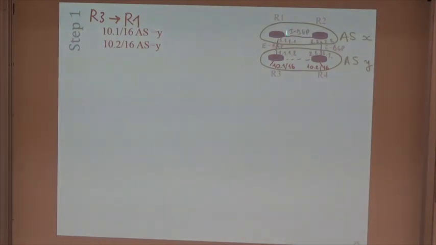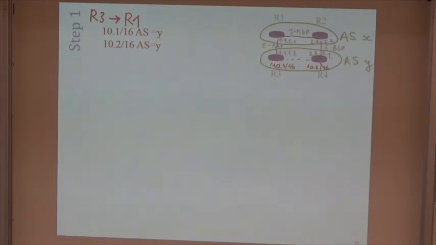Right? So R1, which is here, receives from R3, which is this router, the information about all the prefixes that are present in the domain Y. I'm using 10 dot something addresses to avoid hurting anybody who would own a specific IP address. But of course, in reality, it's very unlikely that you have 10 dot something addresses with BGP, although it exists in some contexts, but not in the public internet.